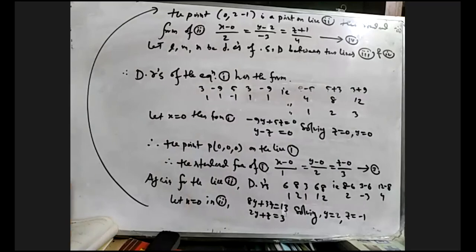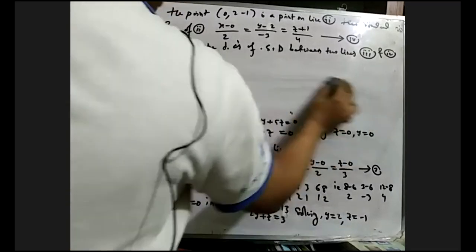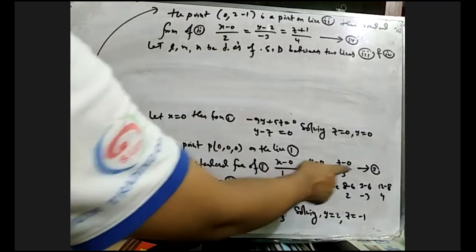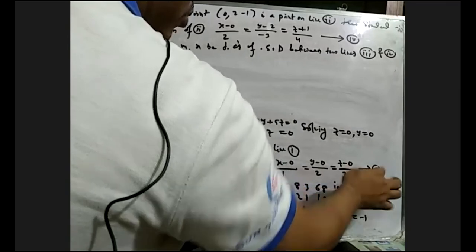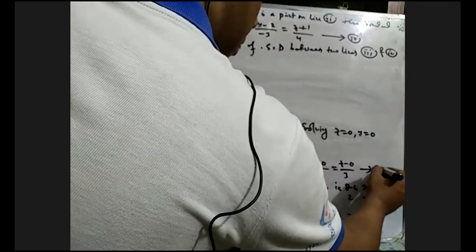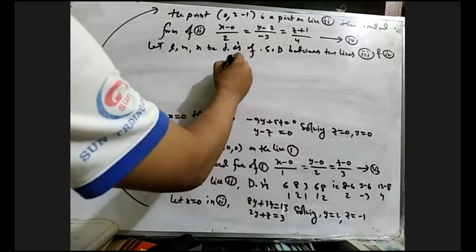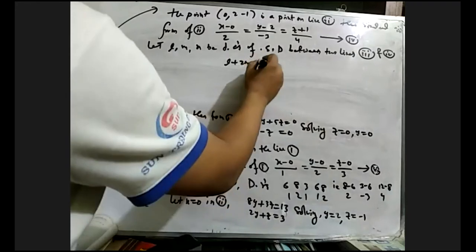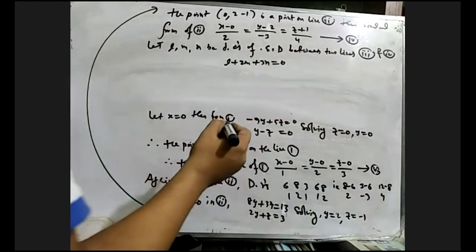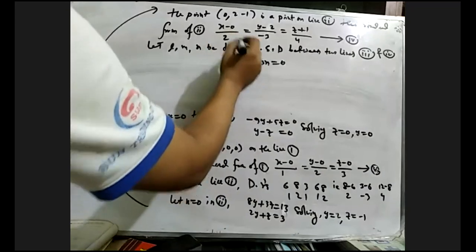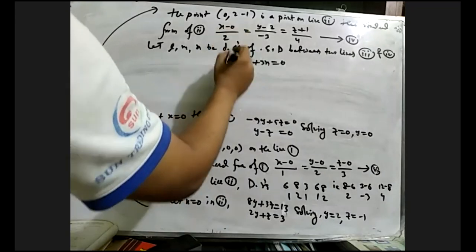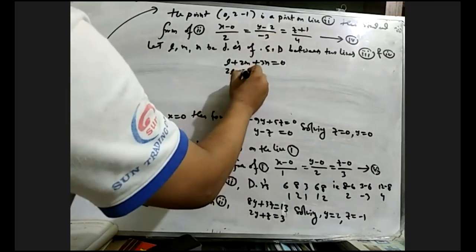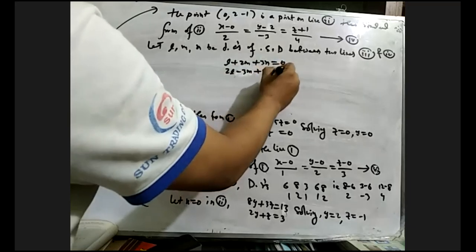So if l, m, n be the direction cosines, then we can write easily, from equation number 3: l + 2m + 3n = 0. And from equation number 4: 2l - 3m + 4n = 0.